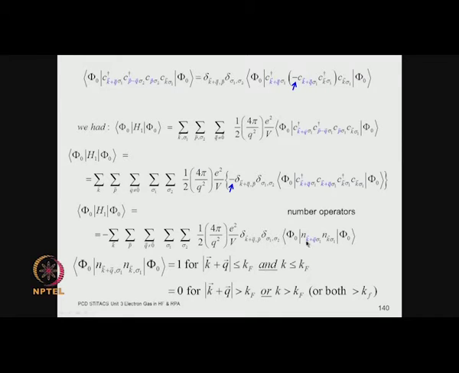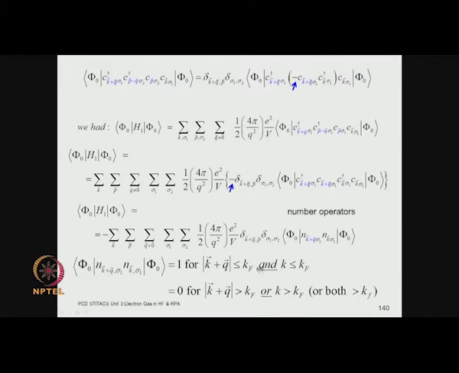So, the first number operator spells out that this matrix element will be equal to 1 for k plus q less than or equal to the Fermi momentum in units of h cross, and the second condition should also be satisfied, because if either of these gives you a 0, the matrix element will go to 0.